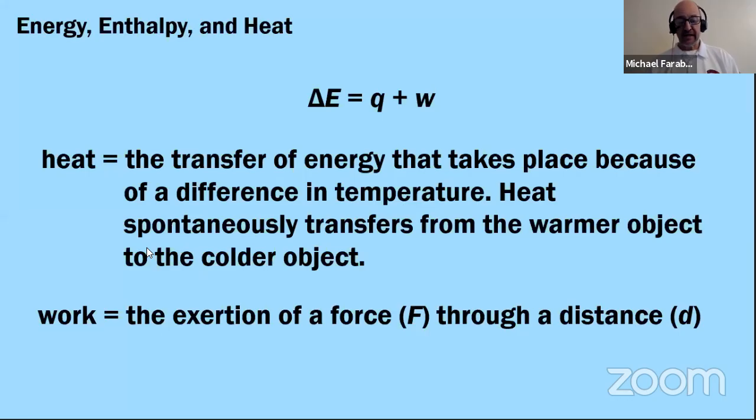Work is the exertion of a force through a distance, and sometimes represented in physics as force times distance, or it can also be represented as negative pressure times the change in volume, W = -PΔV. And there's a negative sign there because if work is being done on the system, while that's a positive value, the delta V would be negative.